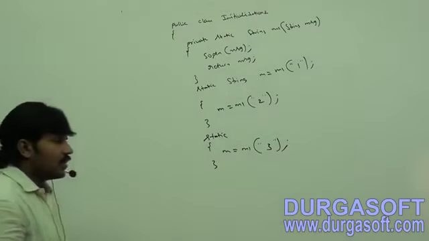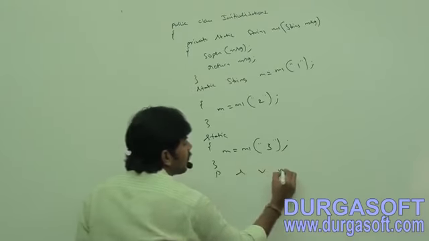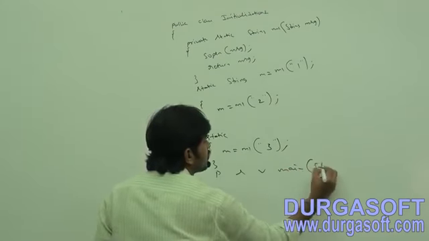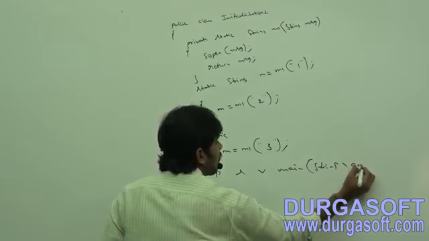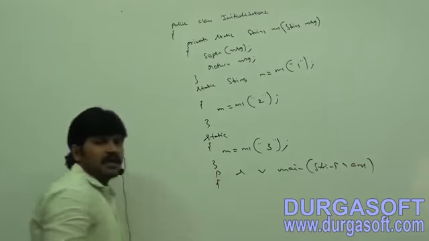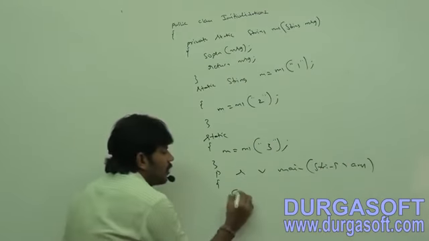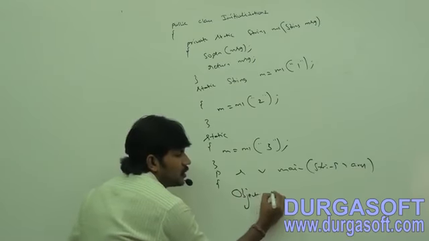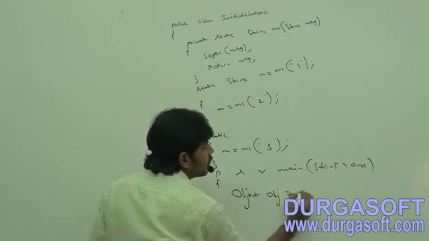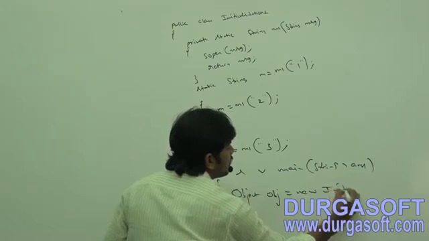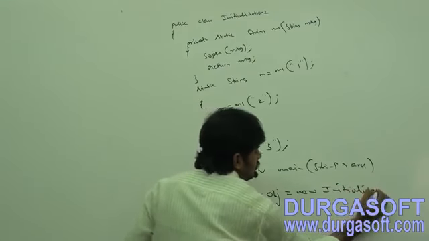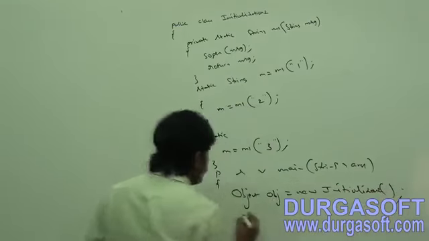Are you getting it? And then public static void main string array args. Now I have to take an object, obj is equal to new Initialization2.